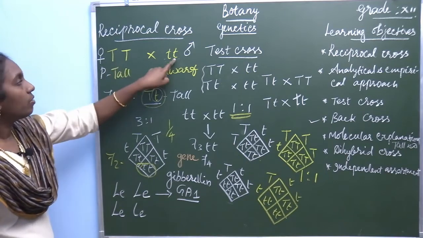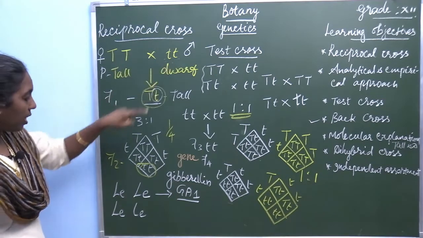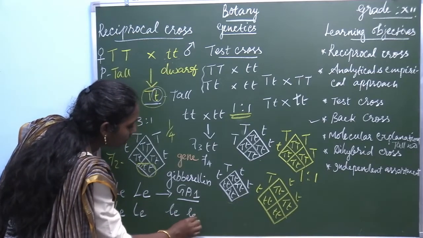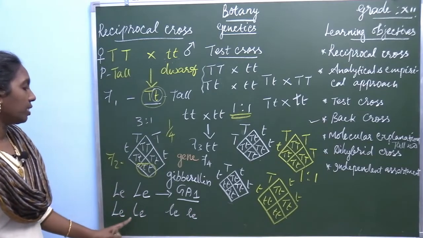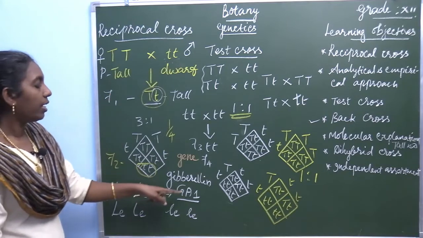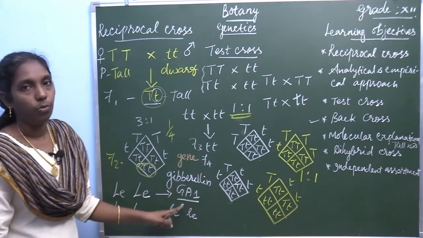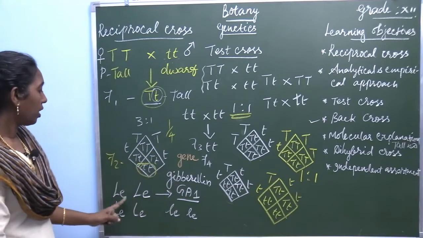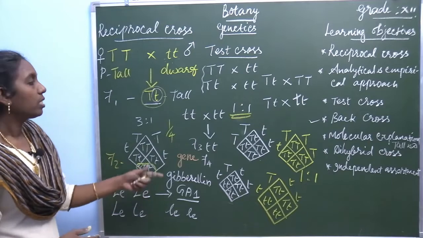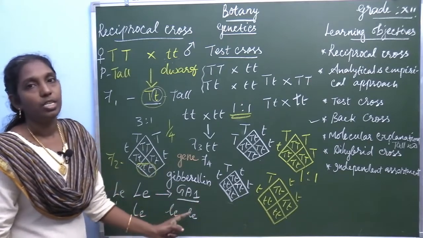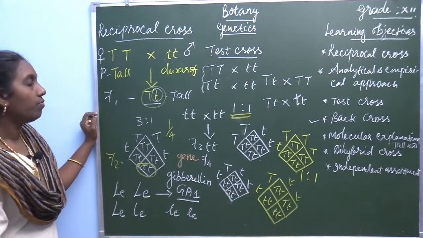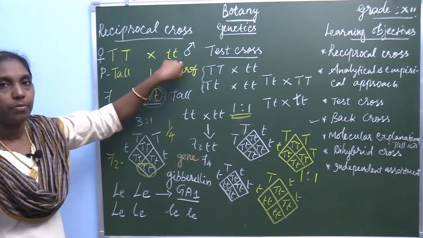Then what is the reason for the dwarf character? It is small l small e. The recessive form of this allele gives dwarf because it shows the inactive nature of GA1. The enzyme does not contain the capital L capital E allele, but instead the recessive form. So it is the inactive nature of GA1. This is the molecular explanation of tall and dwarf plants.